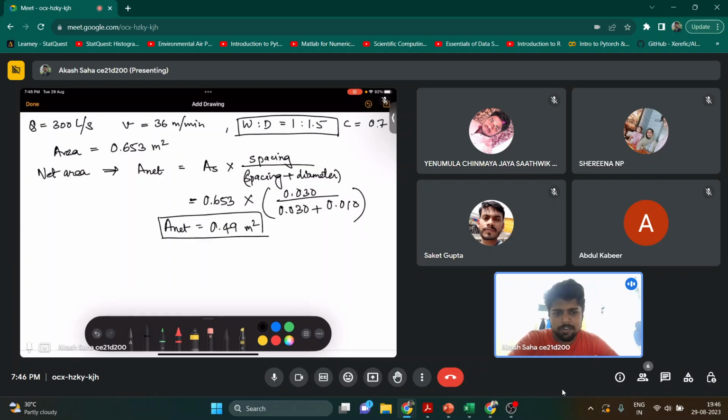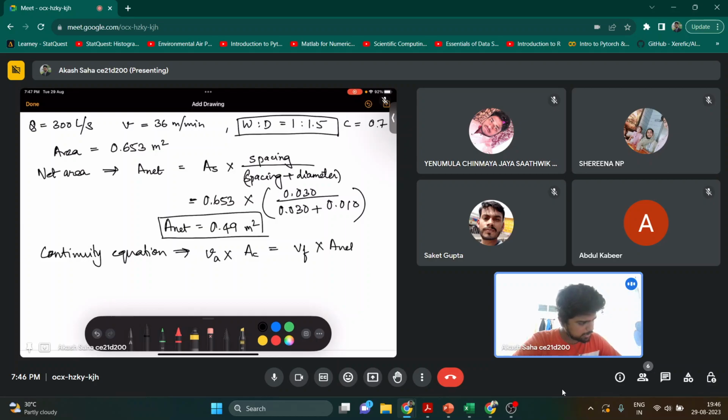So since we have found the area net, we have to find the velocity of flow through the screen, because the velocity of flow through the screen will be through the area net. So simply we will apply the continuity equation. That is my velocity of flow into the actual area will be equal to velocity of flow into the net area.